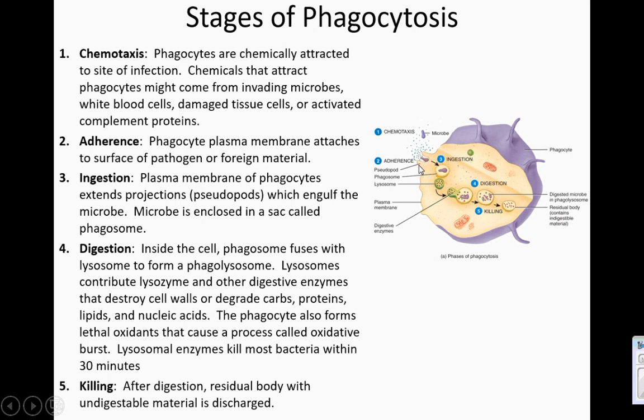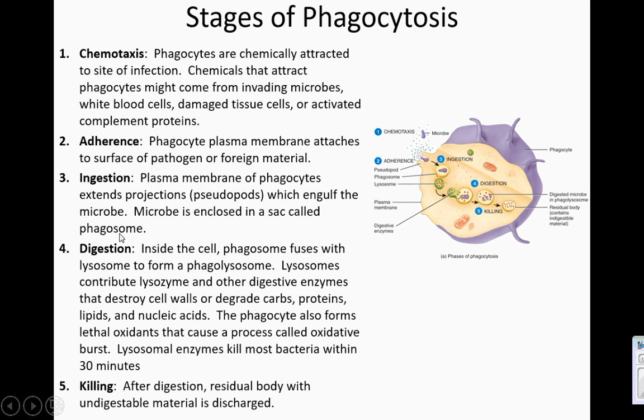And then it pinches it inward and pulls it in, and that's what the ingestion is. Just like when we swallow something, we're ingesting it. Here our cell is swallowing in that microbe, and it becomes engulfed in a phagosome. And this phagosome is a microbe inside of a sac, basically.